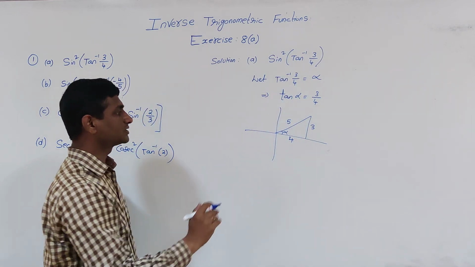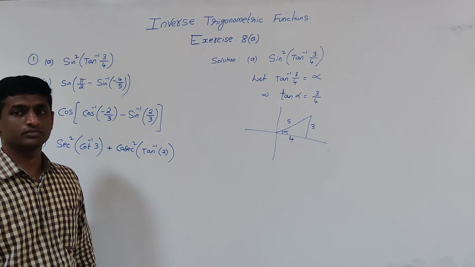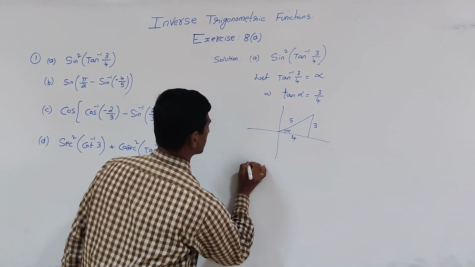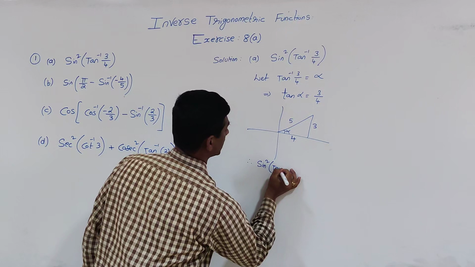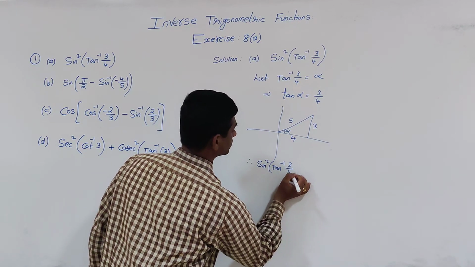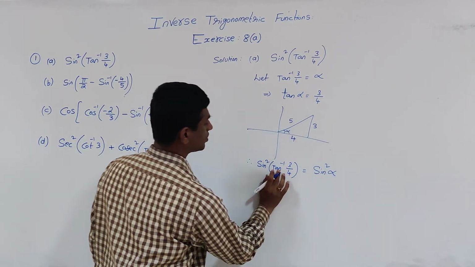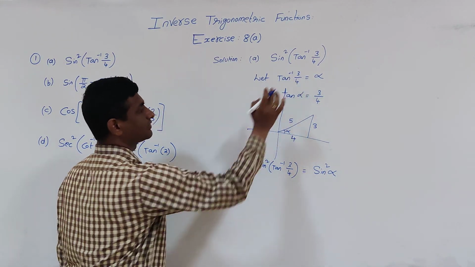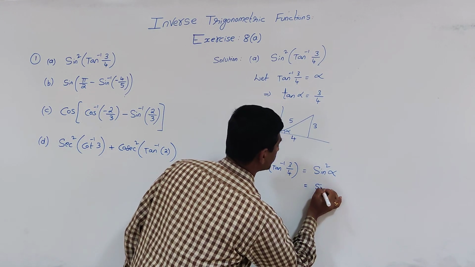Now what is asked is sine square tan inverse of 3 by 4. So therefore sine square of tan inverse of 3 by 4 will be the same as sine square alpha, because tan inverse of 3 by 4 we have assumed is alpha. So sine alpha whole square.